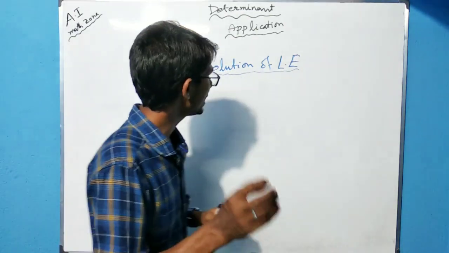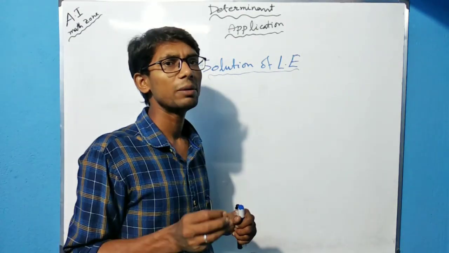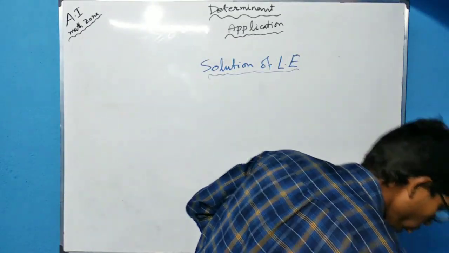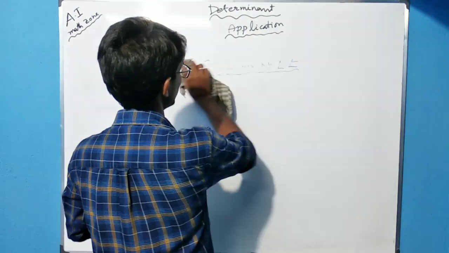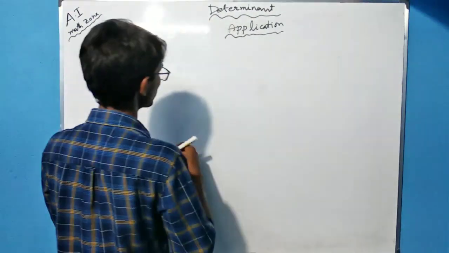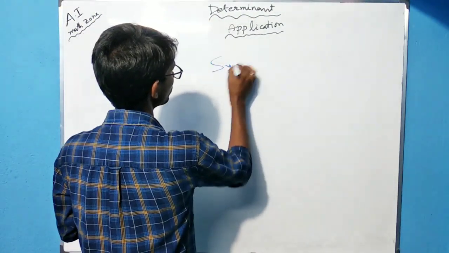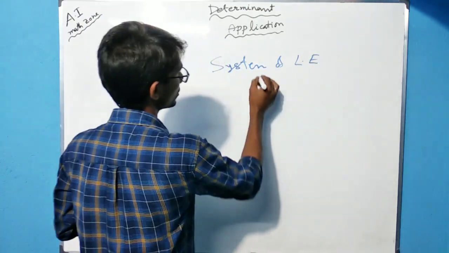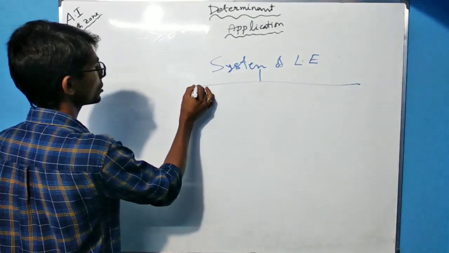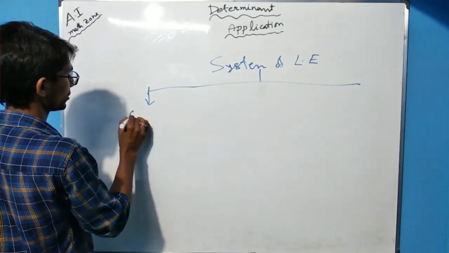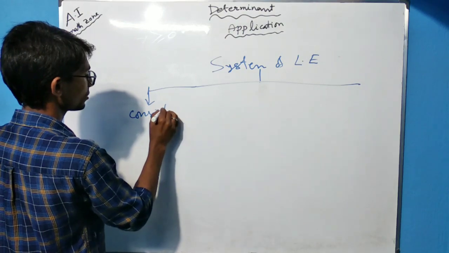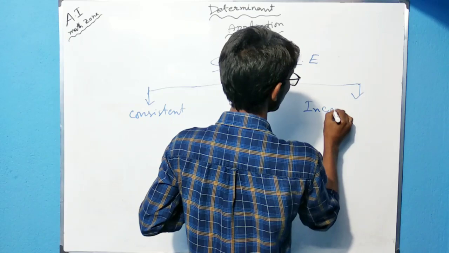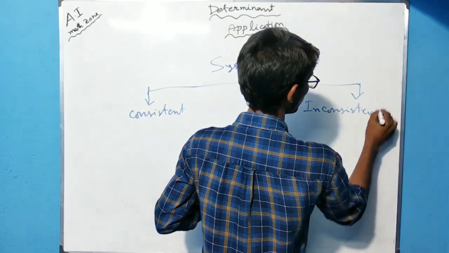Now, any system of linear equations may be consistent or inconsistent. Let's see what consistent and inconsistent mean.